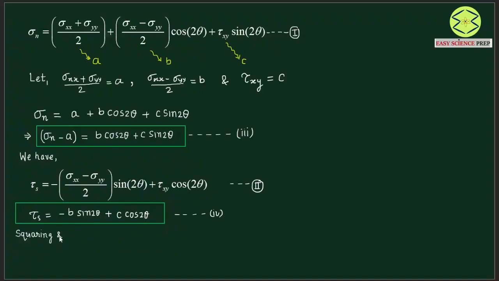Squaring and adding. If you want to eliminate theta from both equations, we shall get the resultant expression in terms of normal stress and shear stress. So we can find the equation of normal stress and shear stress variation.